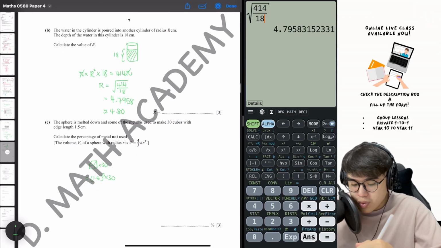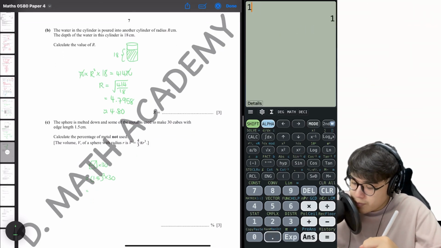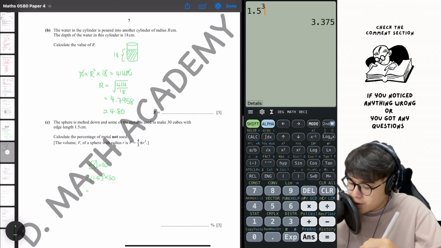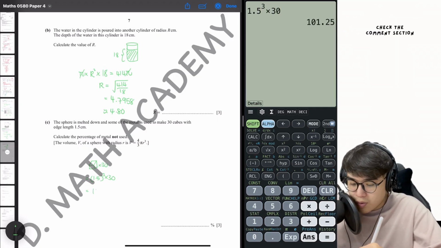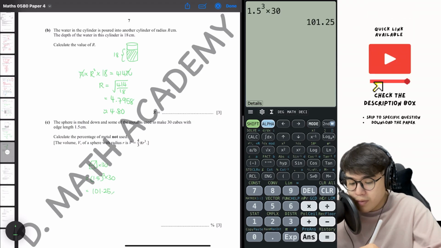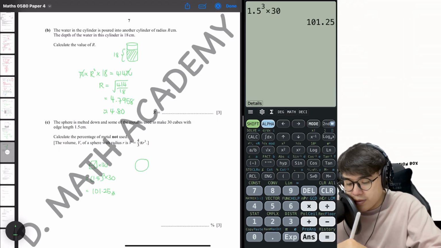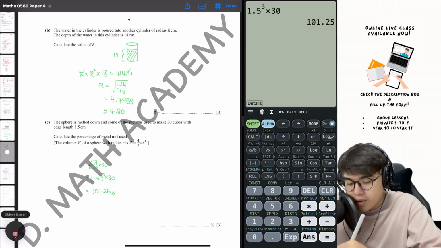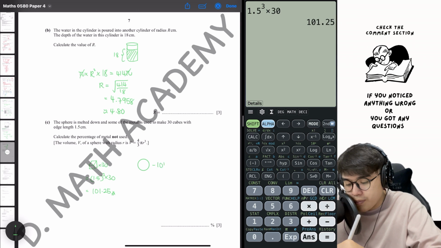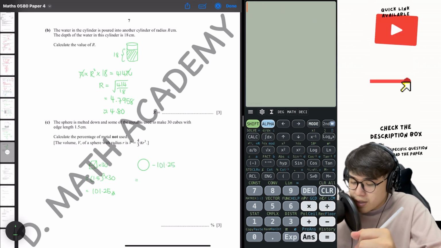So 1.5 cube times 30, you get 101.25. And you have to take the sphere itself and minus off 101.25 and check the balance first.